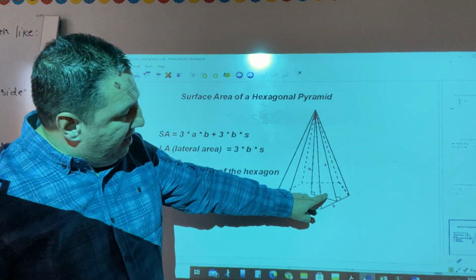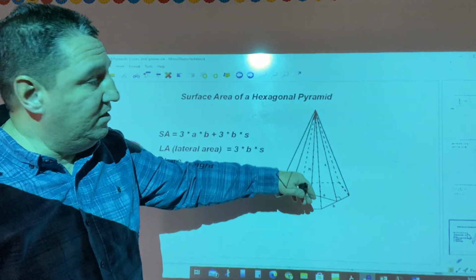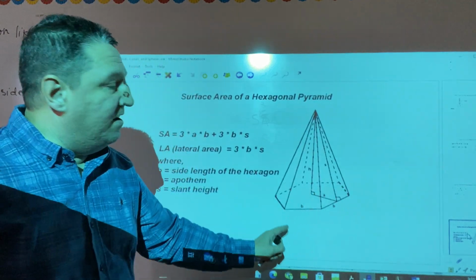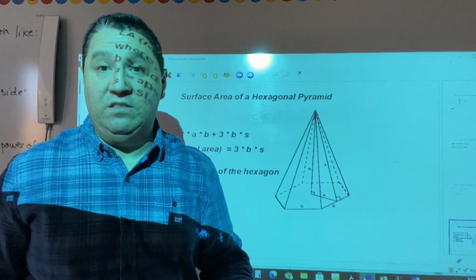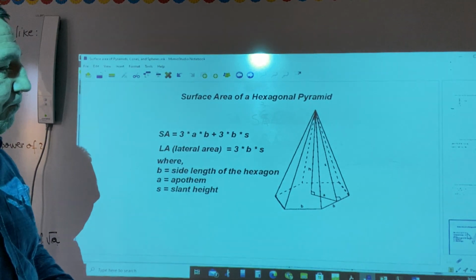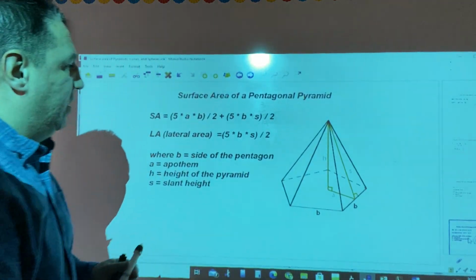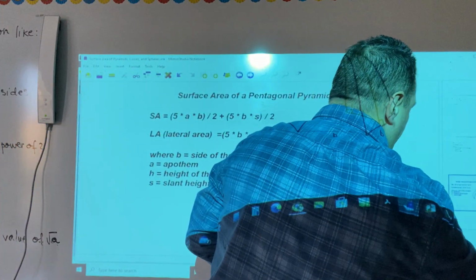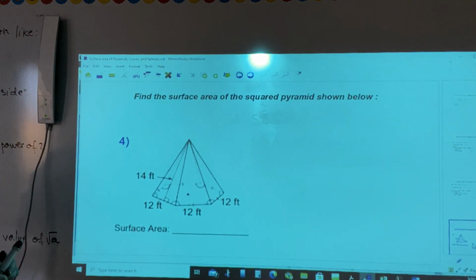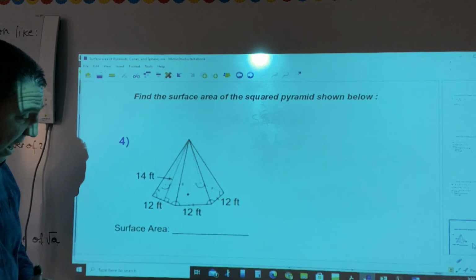As we can see, we have 6 side faces, and all of them are the same. Why? Because the sides of the base are equal. Now, calculating surface area of the hexagonal pyramid.